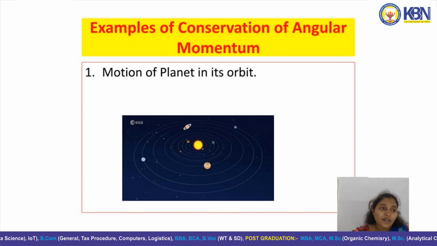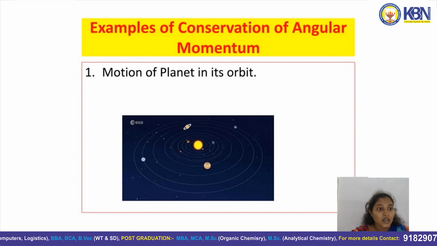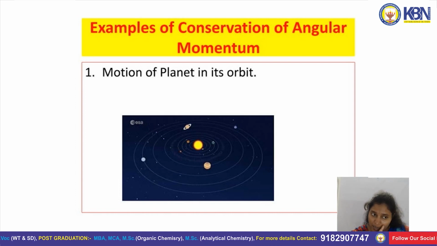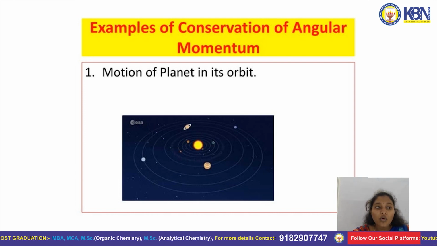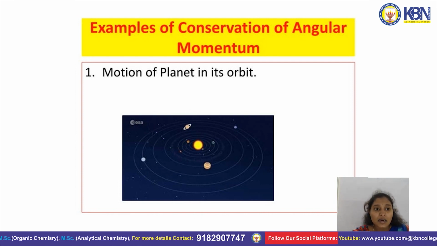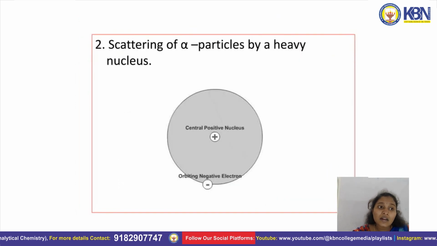So these are some of the examples you can see here in the slide. These are the examples of conservation of angular momentum. The first one is the motion of a planet in its orbit. This diagram indicates the planet which is moving about its own orbit. The motion of a planet in its orbit is the best example of conservation of angular momentum.